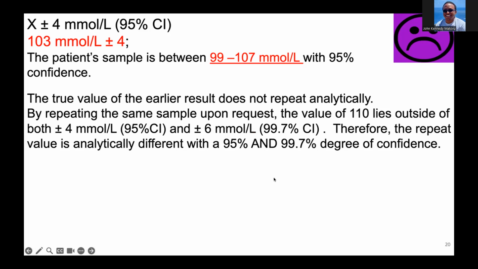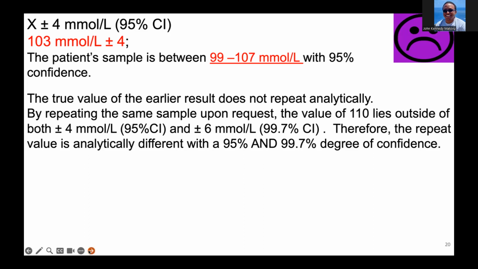Not only that, but if you take into account a confidence limit of 99%, which is 2 plus 2 plus 2, 3 times the SD, your value is still lying outside of the range. So for this particular case, we are sad.